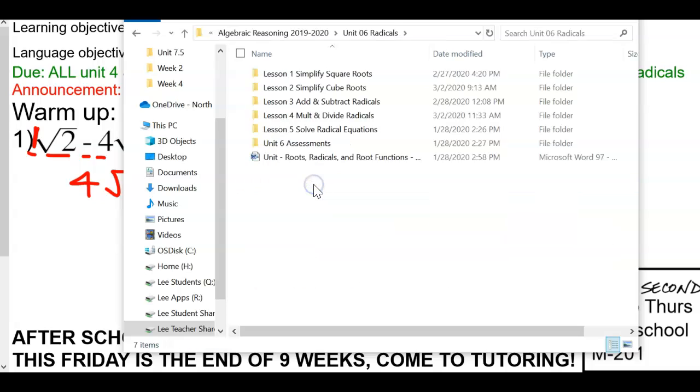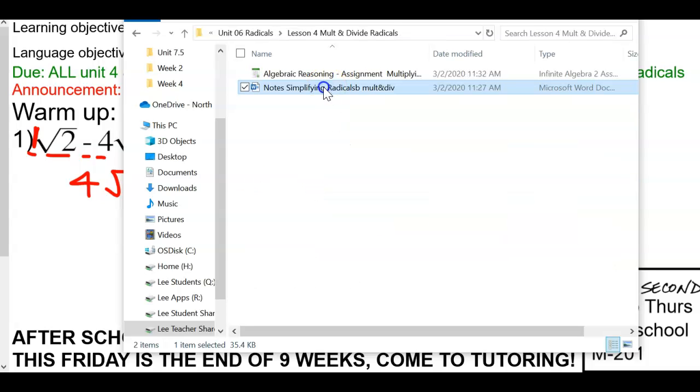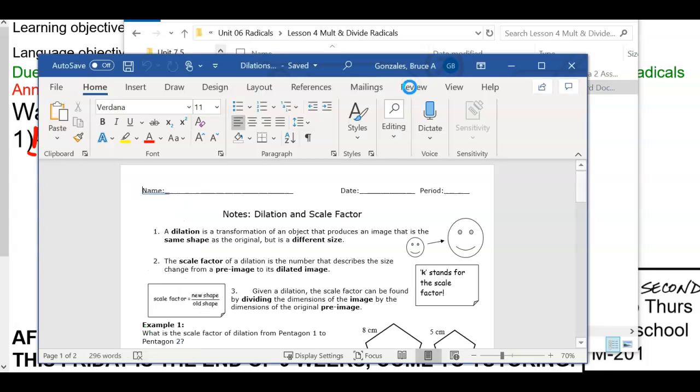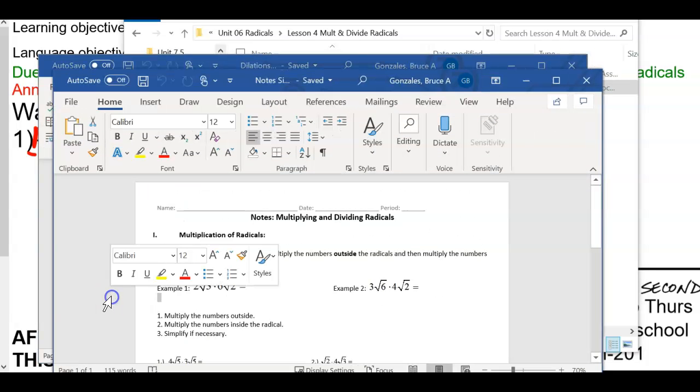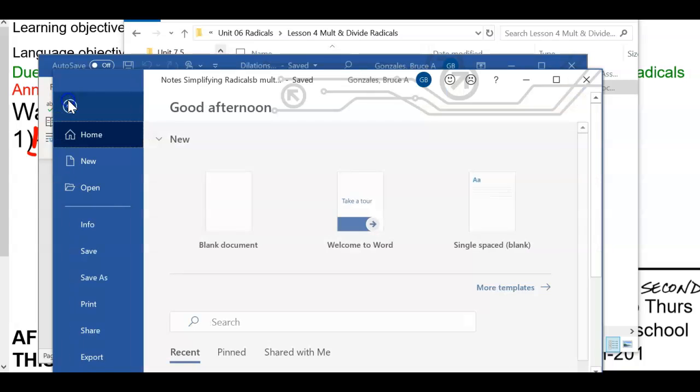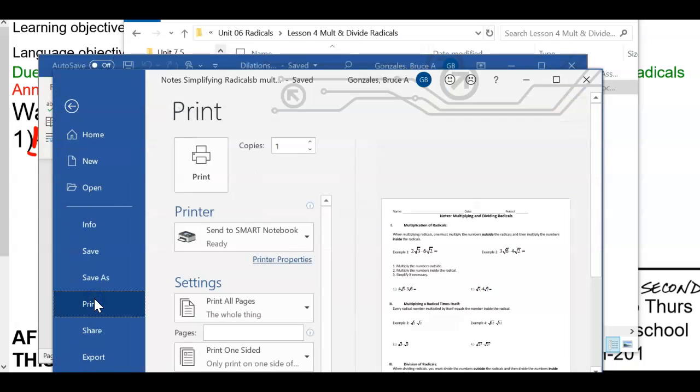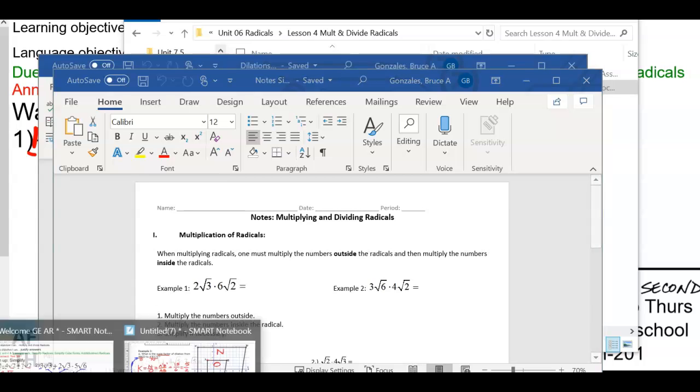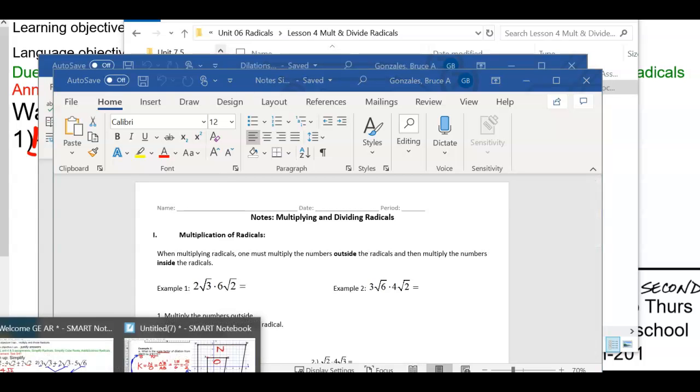All right, so here we go. Cool. So, all right, this one's pulled up. Make sure your name's on that.